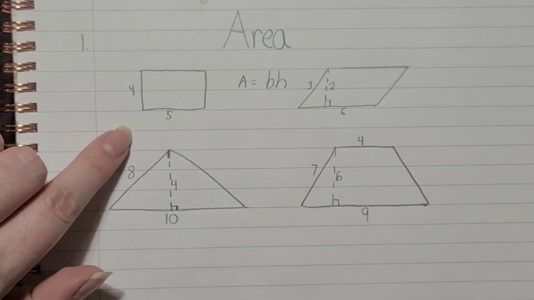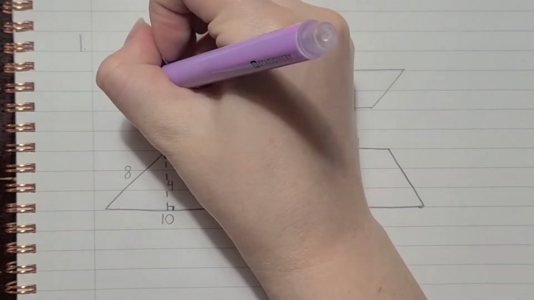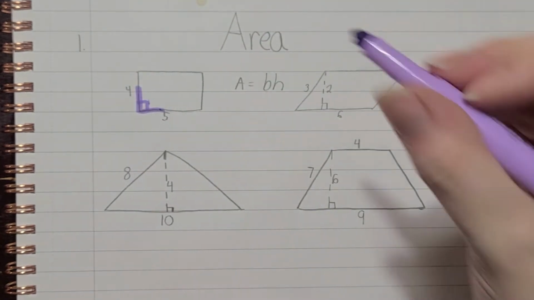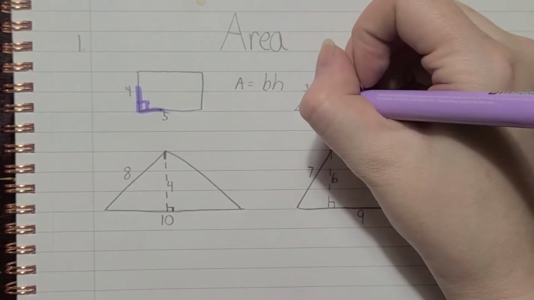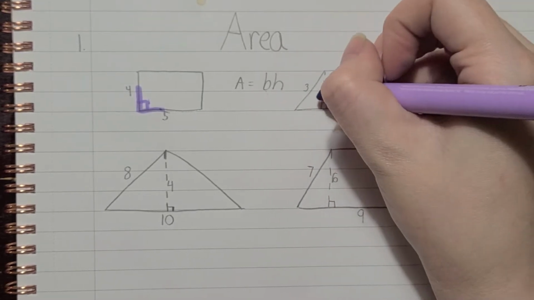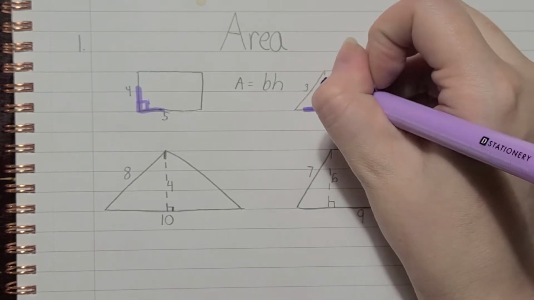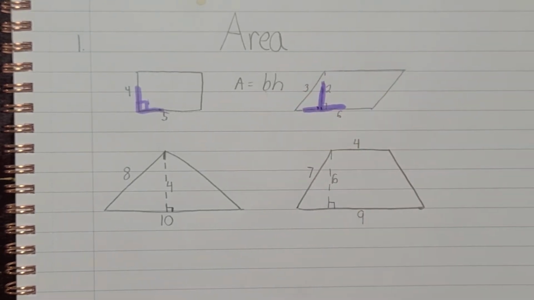Whatever is attached to that 90-degree angle. In that case, it would be these two, all right? And with our parallelogram, that means we would completely ignore this slanted side, and you would just pay attention to these two lines, okay? Because they're on the right angle.